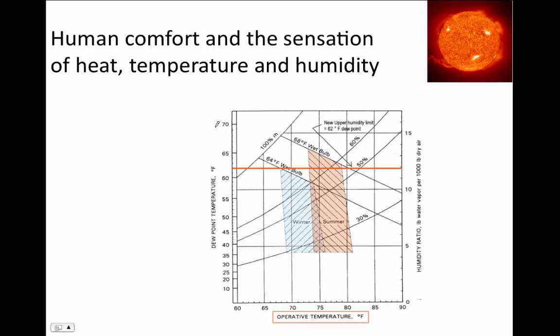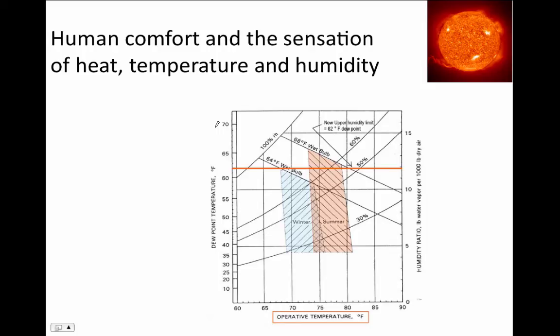So in a building, the radiant temperature of all the surfaces that surround you is very important to your human comfort. You notice how warm and cozy you feel next to a wood stove or laying on a warm rock where that heat is radiating directly to you. And if the air is more humid, you'll feel less comfortable.